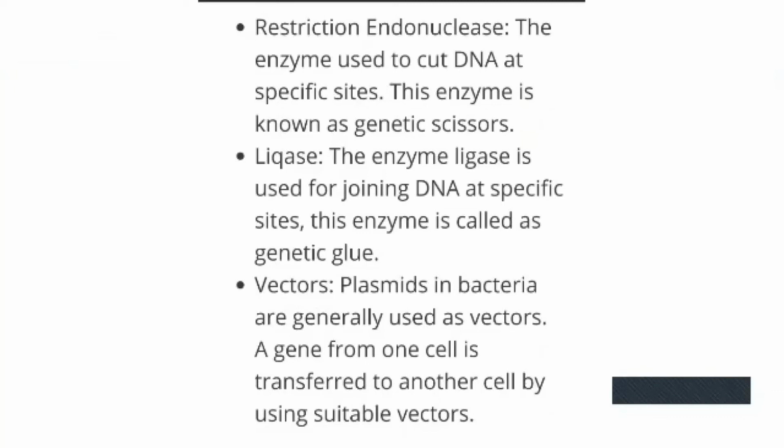This enzyme is called genetic glue. Then vectors. Vectors means carriers. Plasmids in bacteria, that is, DNA in bacteria, are generally used as vectors or carriers. A gene from one cell is transferred to another cell by using suitable vectors or carriers.